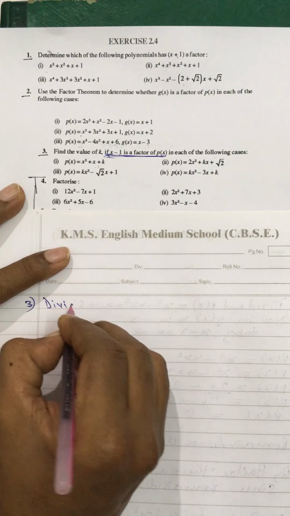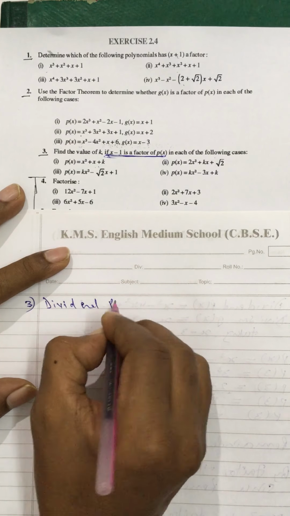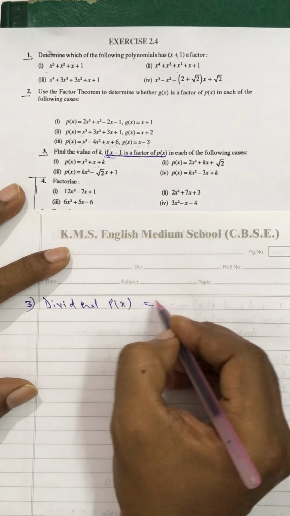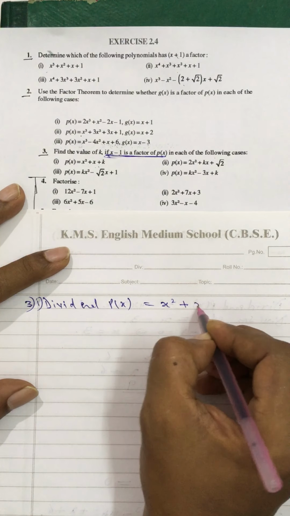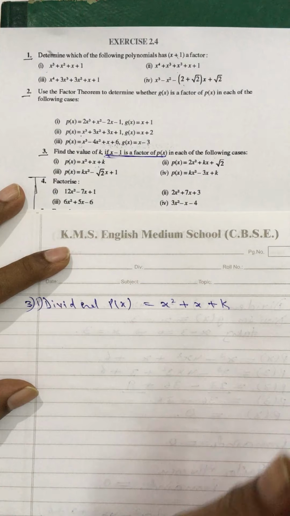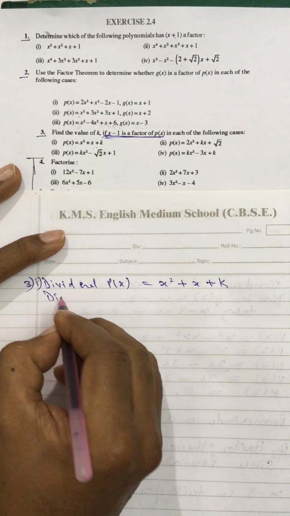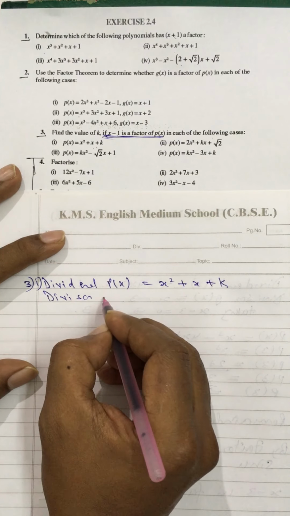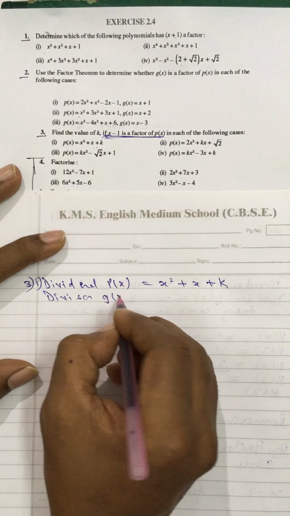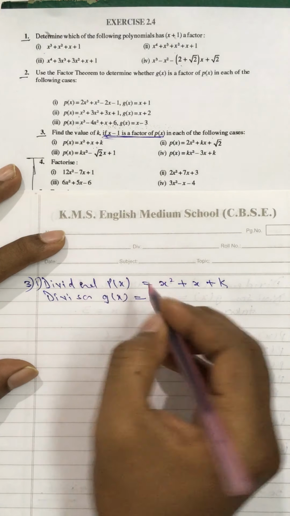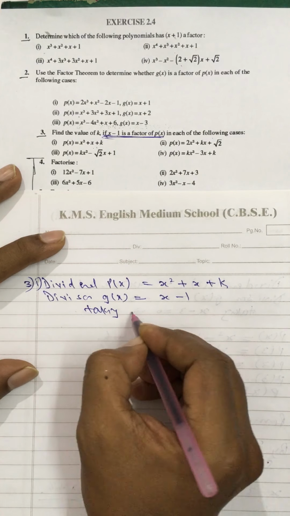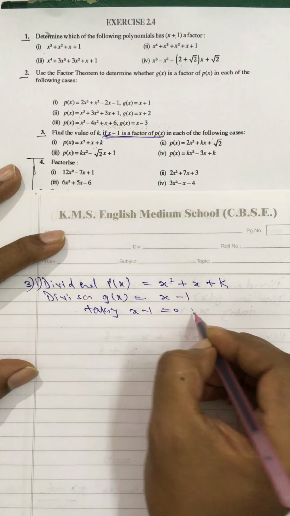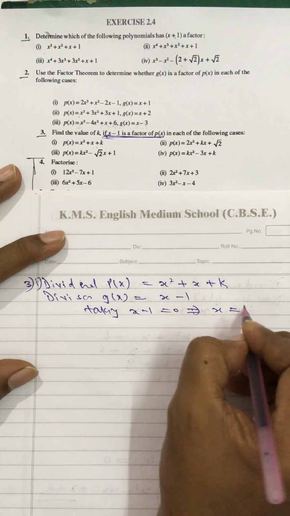This is the property that you are going to use. Again see, we will do the same thing. Dividend p of x. What is p of x? First one I am doing x square plus x plus k. Fine. And then they are telling divisor g of x is basically equal to, what is not required, x minus 1. So taking x minus 1 is equal to 0, x is equal to 1.